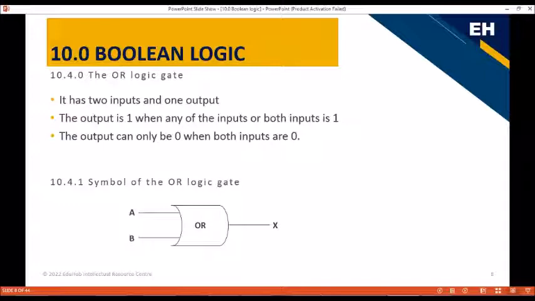The symbol is more like half of the moon, where there are 2 inputs on the left and a single output on the right.